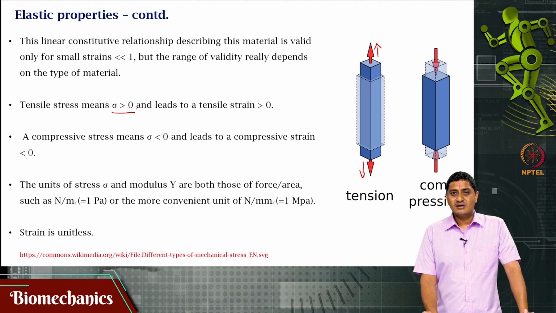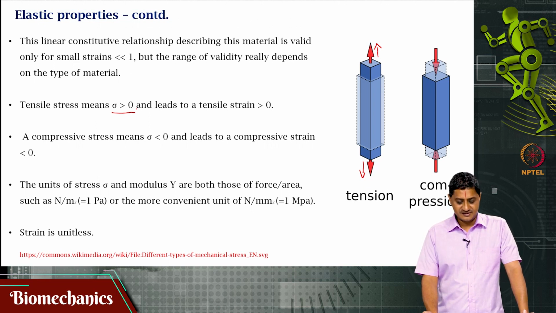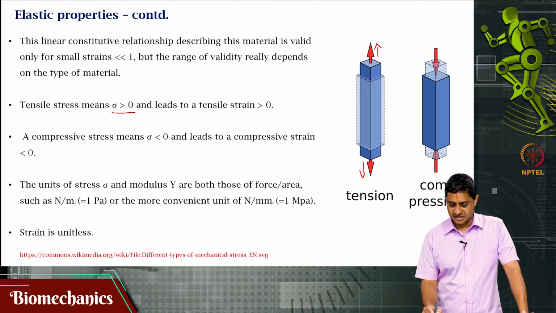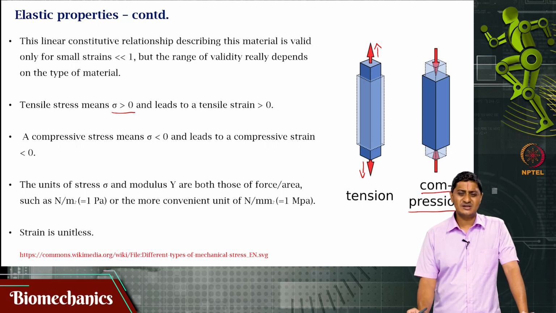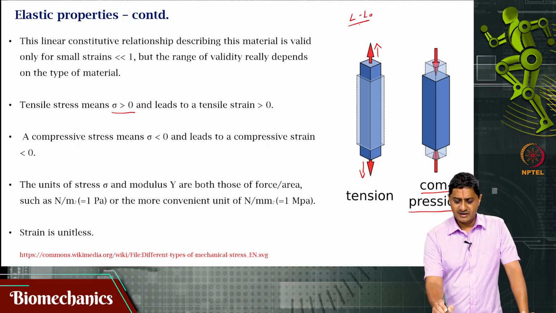If I am compressing the material, pushing on both sides, that leads to sigma less than 0 and a compressive strain less than 0. It is called compression. These are not the only two ways in which you can apply a force or a stress. There are other ways.